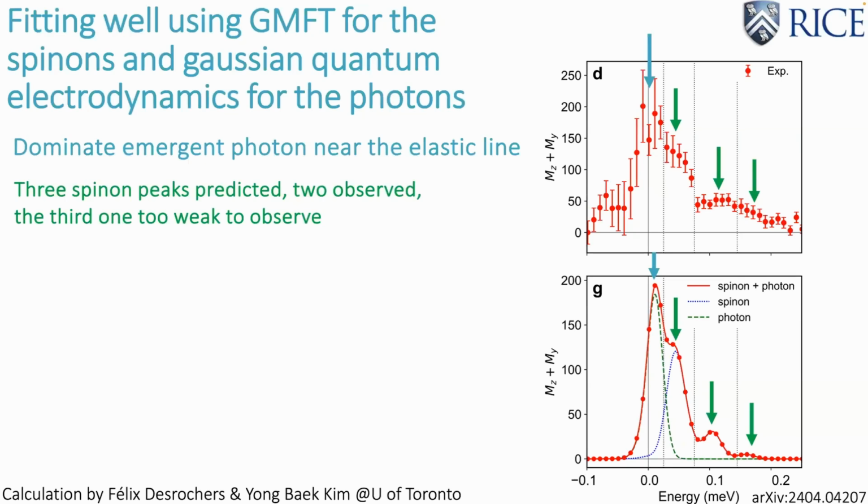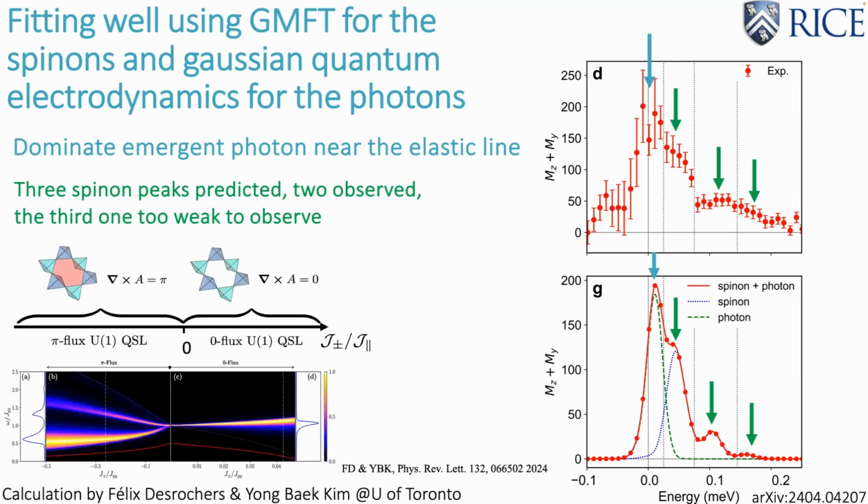The theory predicts 3 peaks, and we observe 2. The third one is too weak to observe. This corresponds to the so-called pi-flux U(1) quantum spin liquid, where you can see 3 spinon peaks. In the other case, the zero flux, you can only see 1 spinon peak.